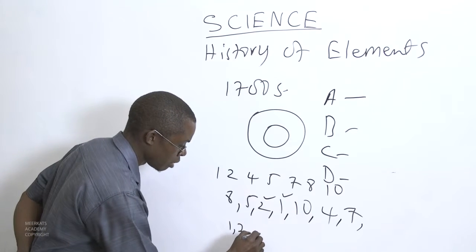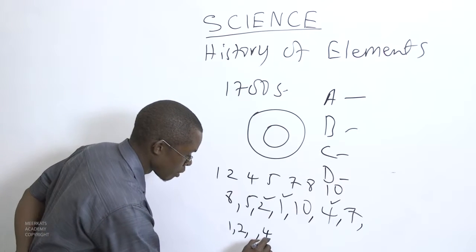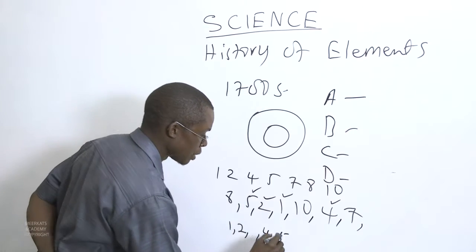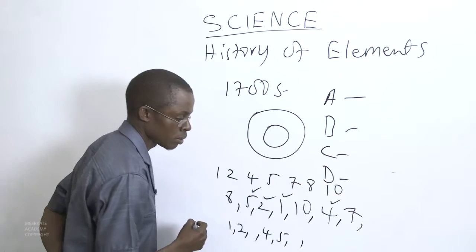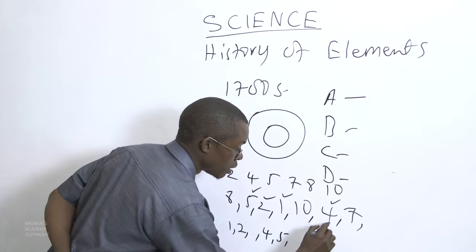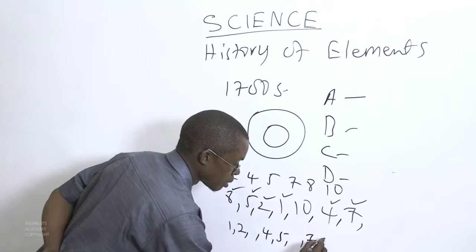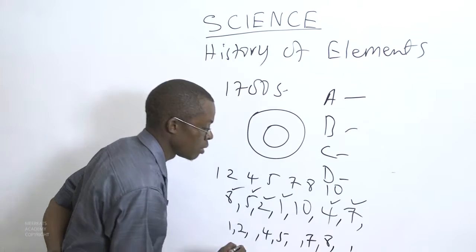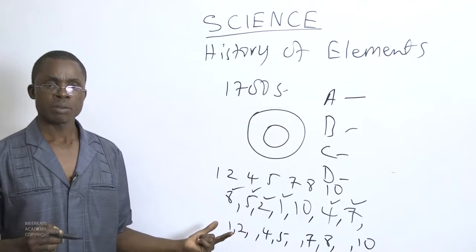There is a gap there. 4, because 4 is here. 5, because 5 is here. 6 is missing, so there is a gap. 7 is present. 8 is present. 9 is missing, there's a gap. Then we have 10. So this is what they did.